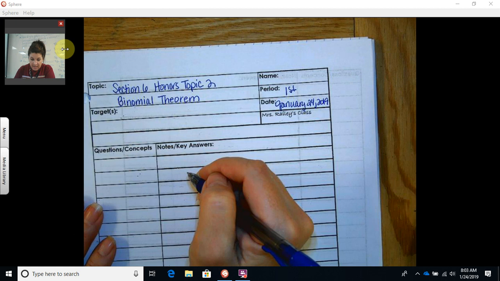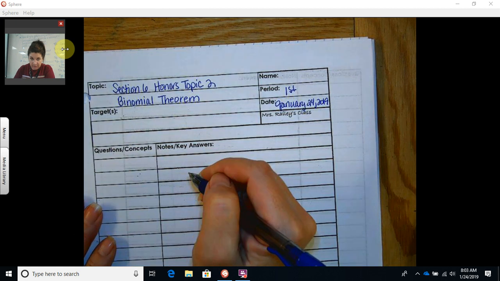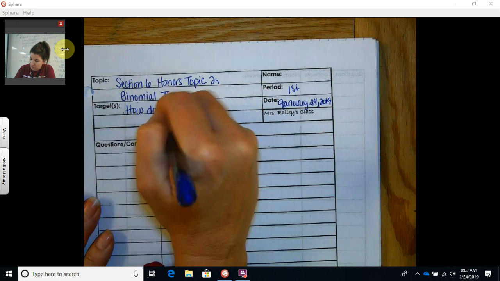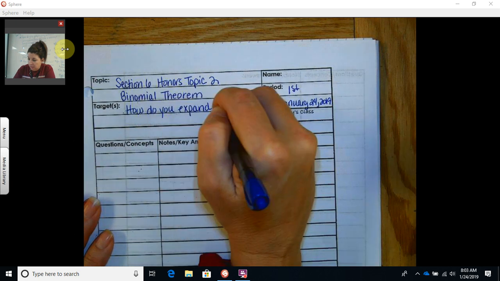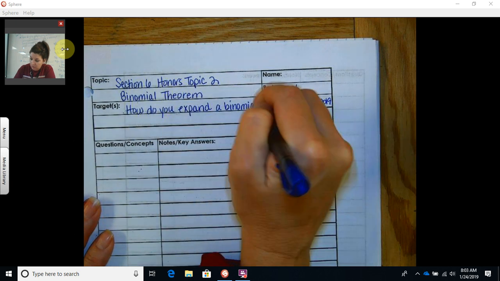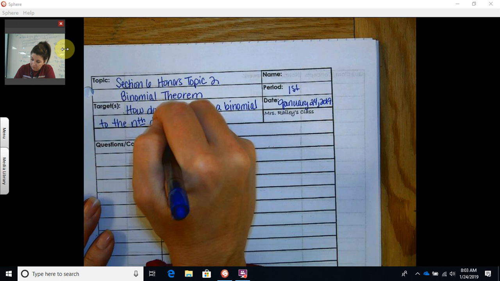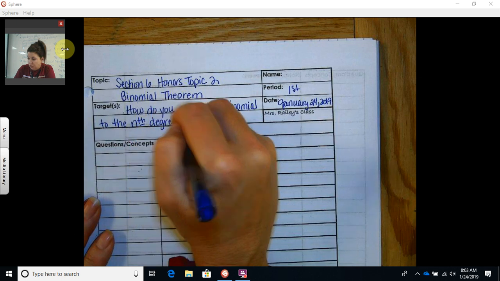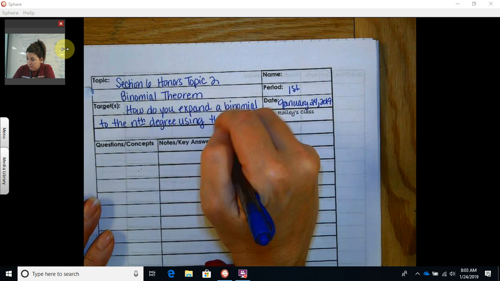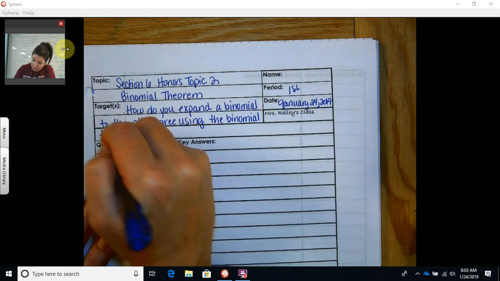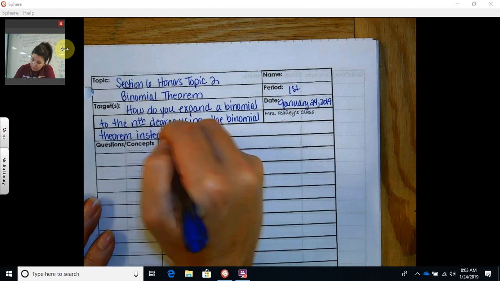And the target is, how do you expand a binomial to the nth degree using the binomial theorem instead of distribution.